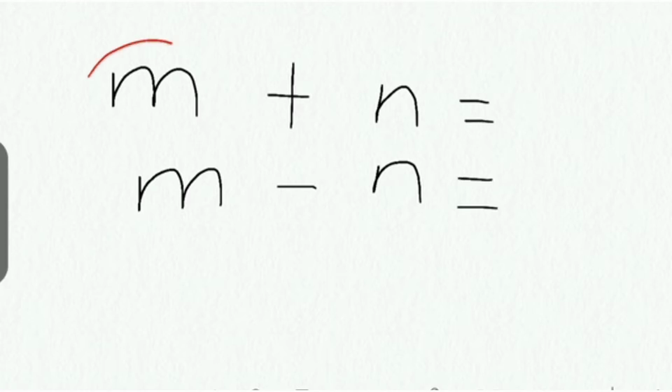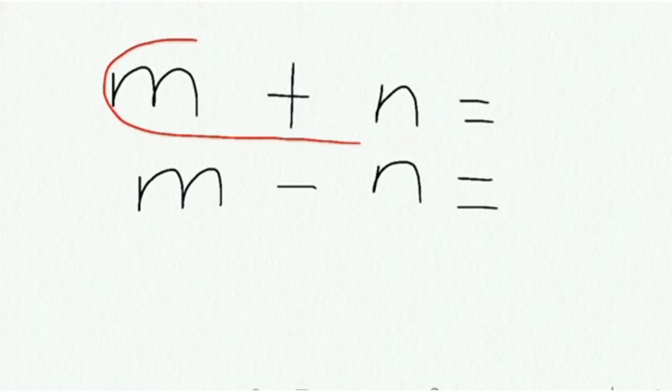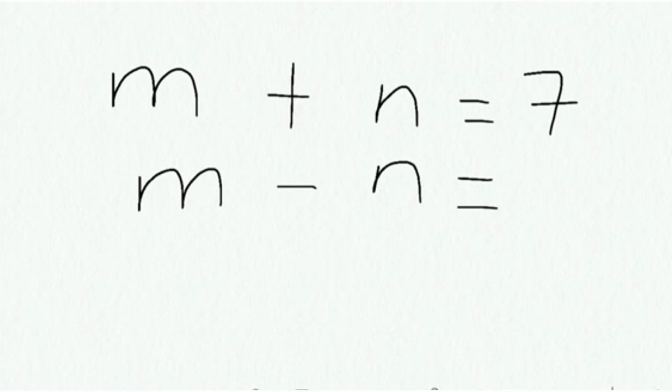You know that your m is 5 and your n is 2. m plus n, so 5 plus 2 is equal to what? 7. And 5 minus 2 is equal to 3. You can challenge your fellow learners because you know the value of your m and the value of your n.